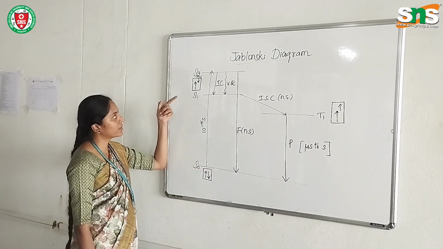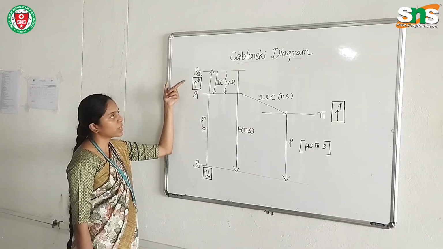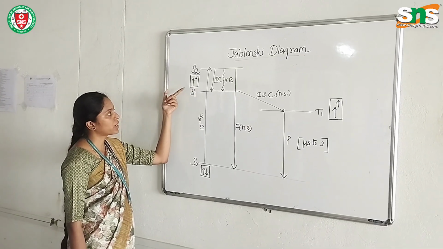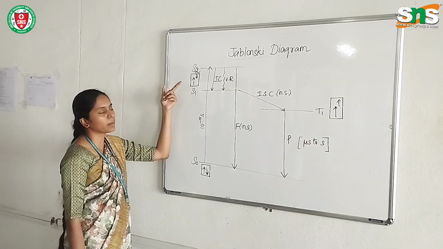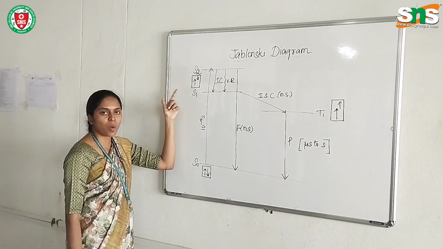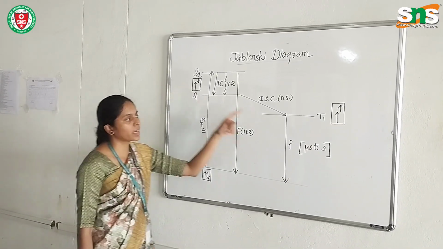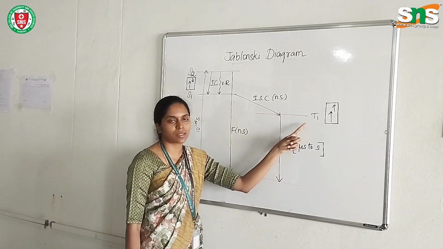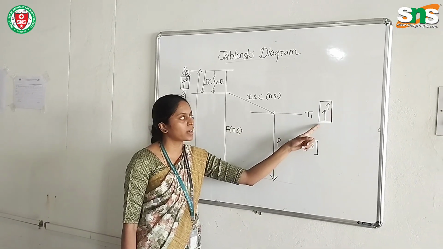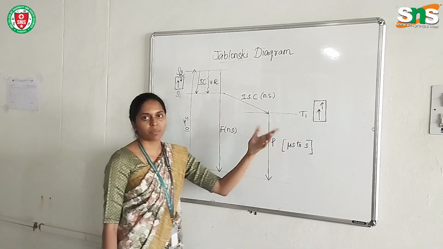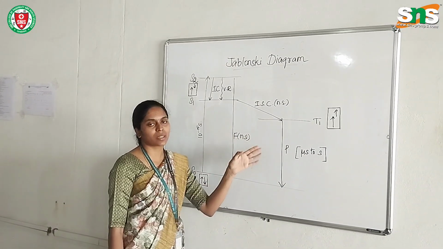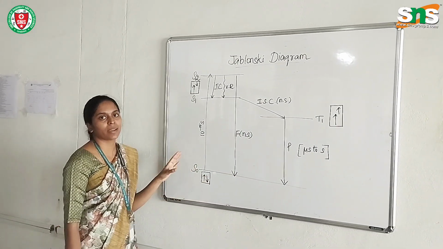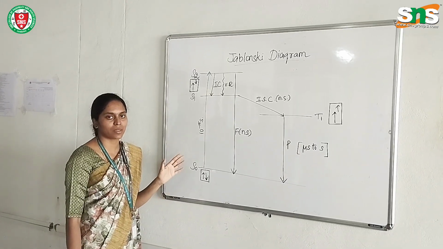The other excited states are S1 and S2, called singlet excited states, because here the electrons are unpaired but still have opposite spin. Another excited state is the triplet excited state, where the electrons are unpaired and have the same spin. With these three types of states we can explain the Jablonski diagram and the electronic transitions.